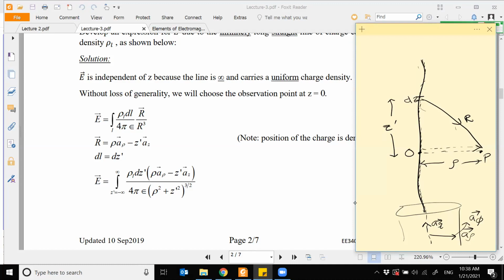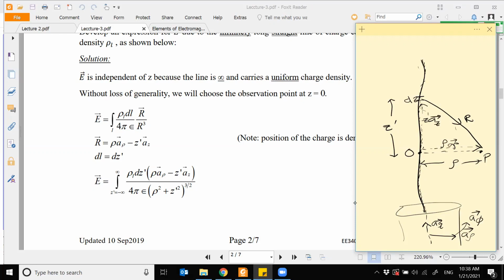So this vector will be rho a rho, and this vector will be z dash a z.